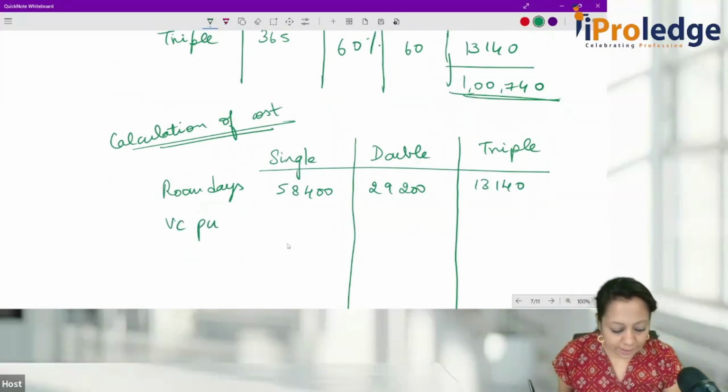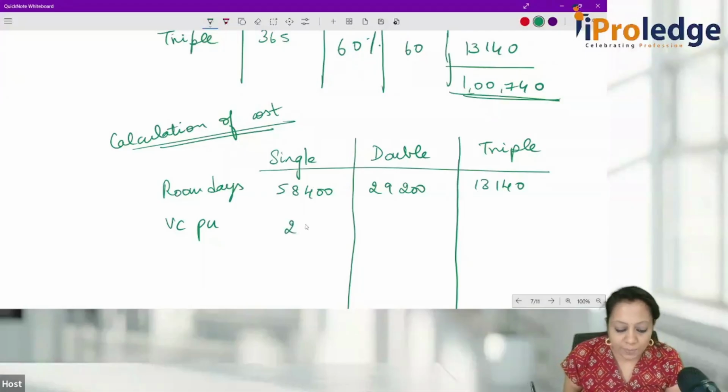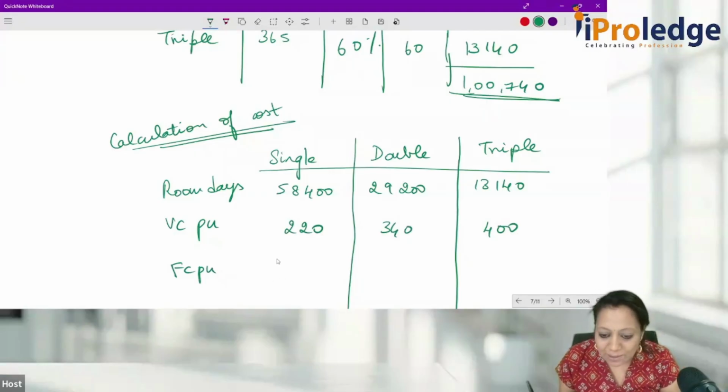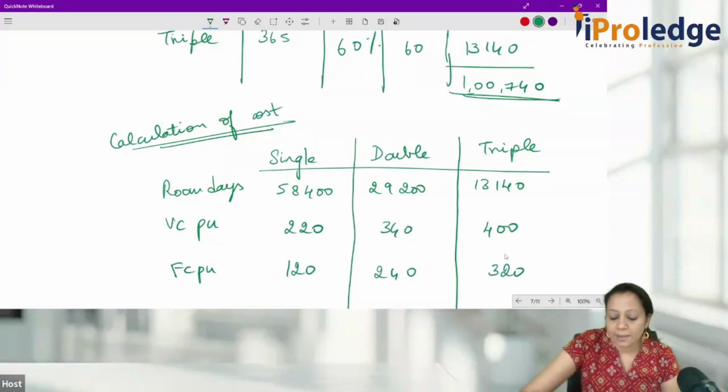Variable cost per unit, let me write that out. 220, 340, and 400. I hope everybody is able to see it. Then fixed cost per unit. Ma'am, per unit is given. Whatever is given, we will take. So it is going to be 120, 240, and 320.